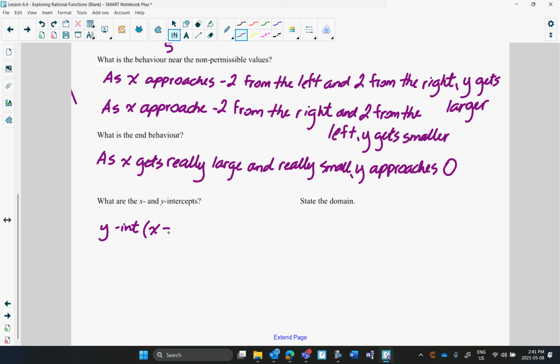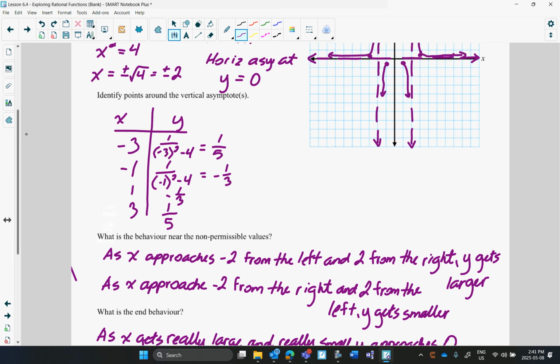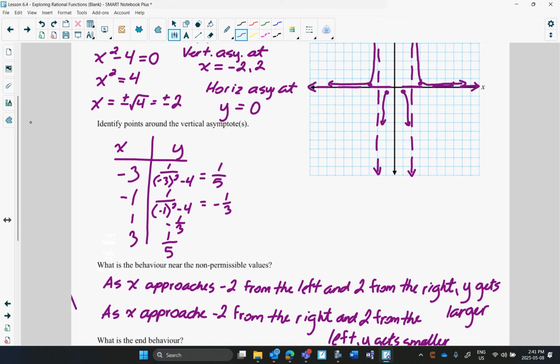We're going to find it using algebra. So y is equal to 1 over 0 squared minus 4, which is what? Negative 1 over 4. Which means somewhere around there. Which means it goes like that. It's like an upside down parabola.